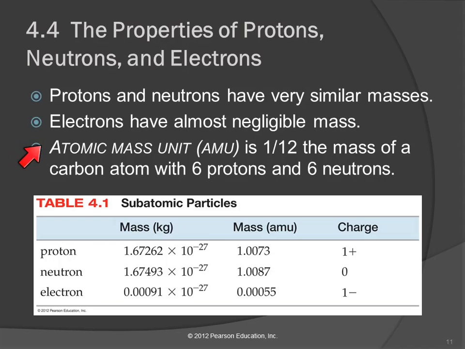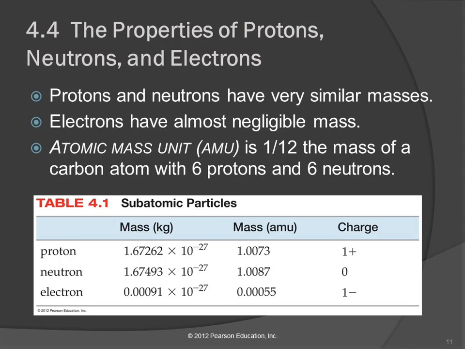So the atomic mass unit, abbreviation AMU, not MU, is 1/12 the mass of a carbon-12 atom with 6 protons and 6 neutrons. Sounds like a kind of a crazy way to define a unit, but there's some genius behind it actually. So in atomic mass units, a proton is 1.0073, a neutron is 1.0087.